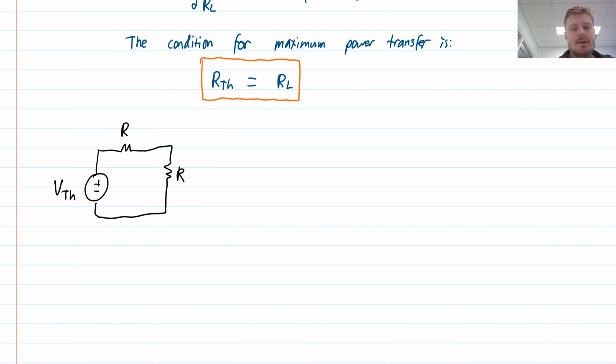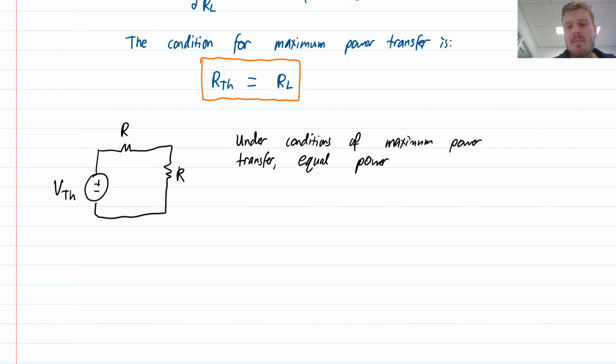So under conditions of maximum power transfer, equal power is dissipated in the source and in the load.